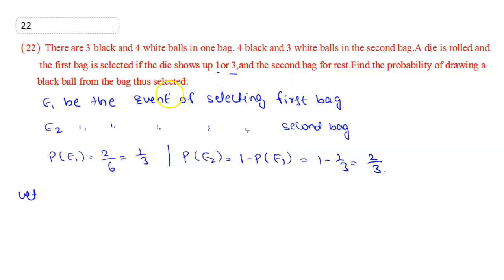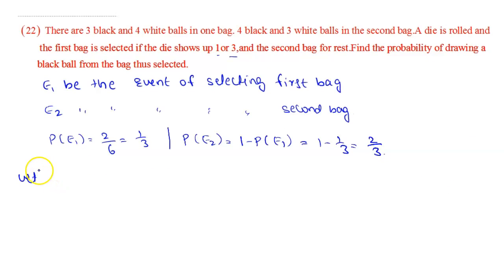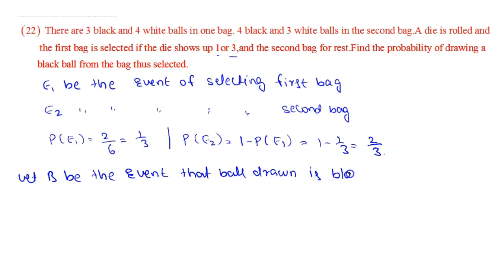Next here, he is asking about the bag thus selected. So here let B be the event that the ball drawn is black from the selected bag.